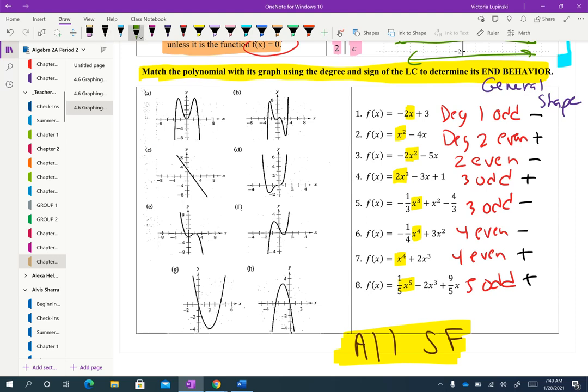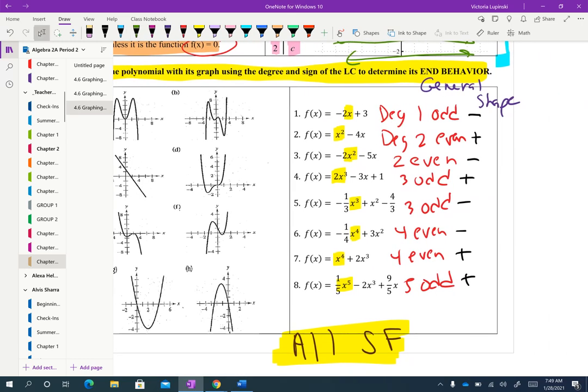Now that we have that combination, we're going to determine the end behavior. In number 1, if you are odd negative, hopefully without looking you're able to remember that the end behavior is up, down. Let me write it on the other side so that we can see it more readily. Number 1 is up, down because it's odd negative. Number 2, even positive, is up, up.